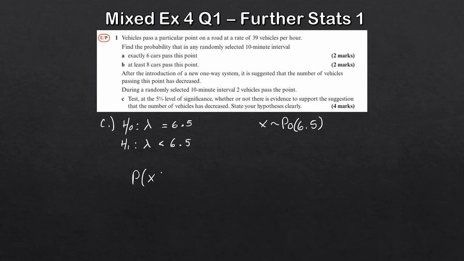So we're going to check now for less than or equal to 2. Sorry, not less than or equal to 6.5, less than or equal to 2. So make sure you get the inequality the right way and the right number. Doing this on your calculator, this works out nicely as 0.0430. So that's what we call our test statistic.